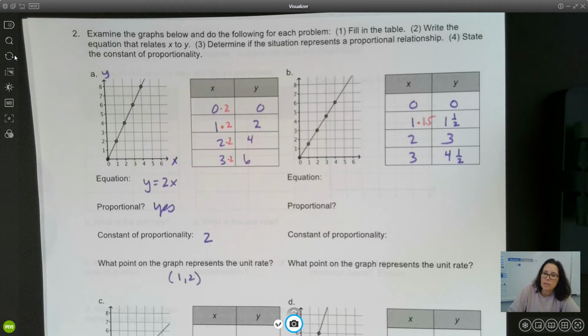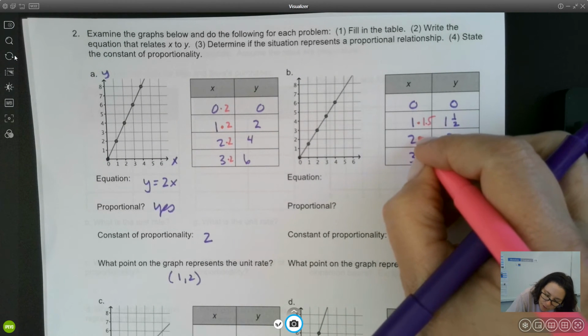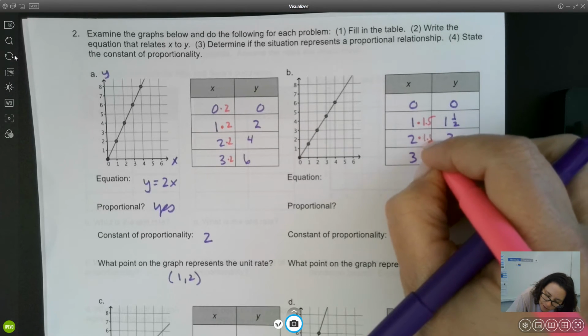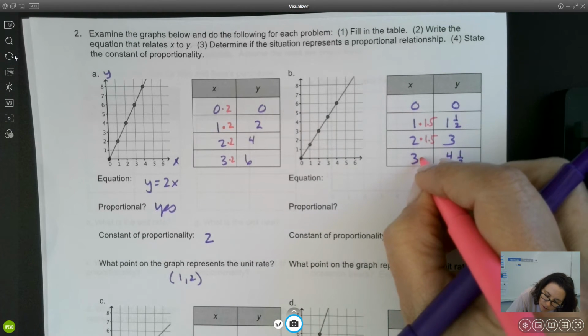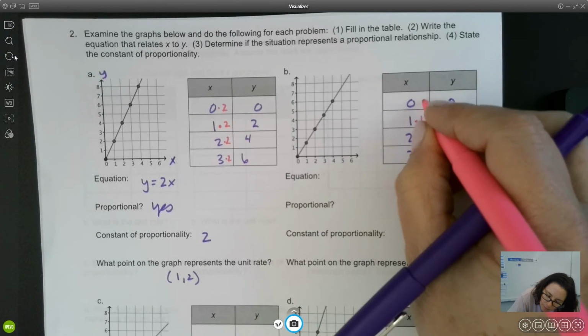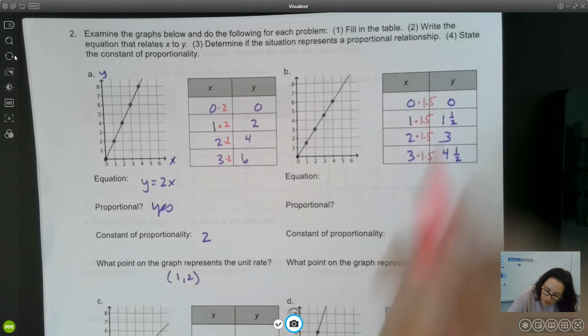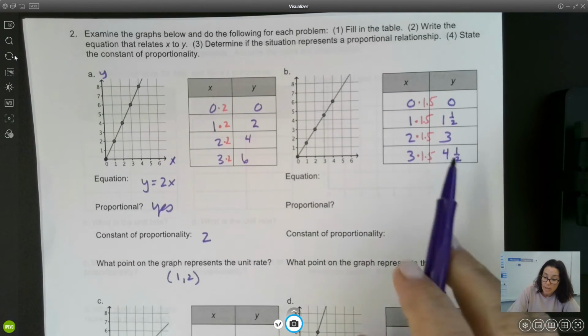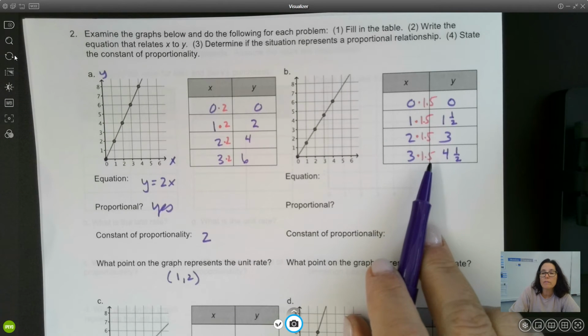Okay, you can also think of it as 3 halves. Okay, if I multiply this by 1.5, it works. Same with this, same with this. Okay, you could have this pink number being 1.5, or you could have this number being 3/2.